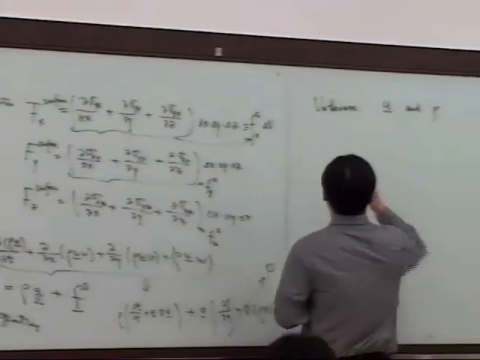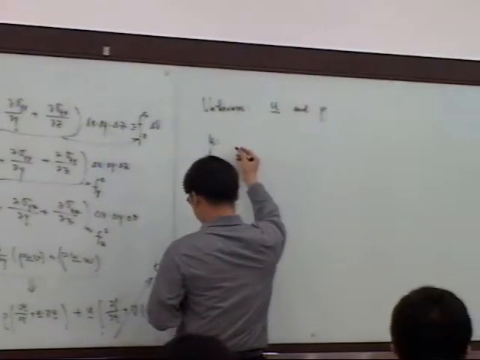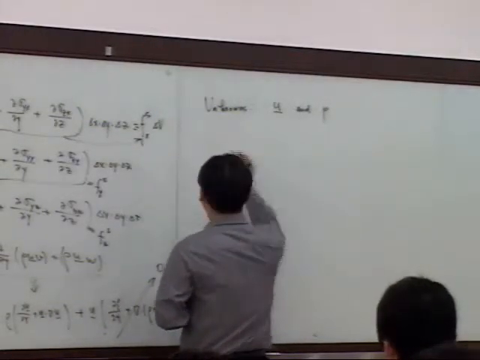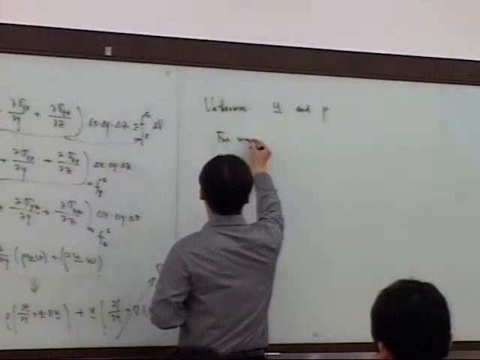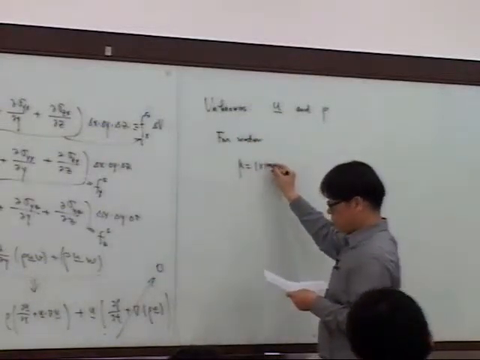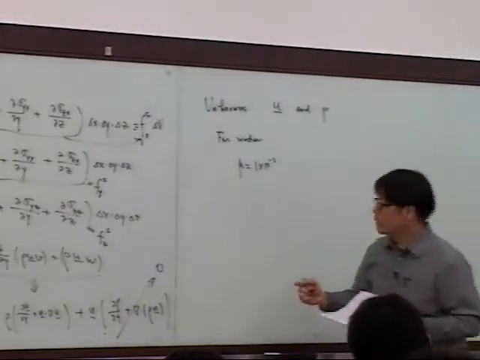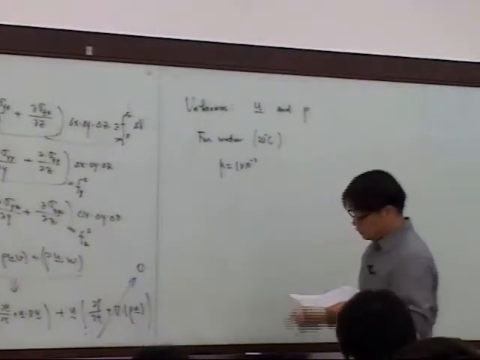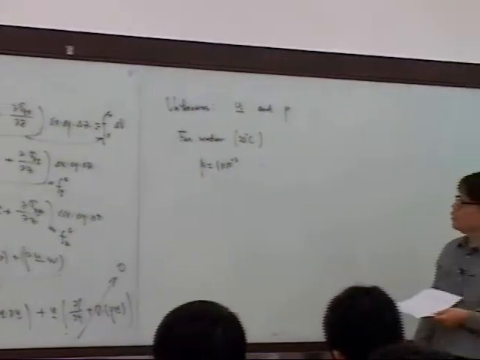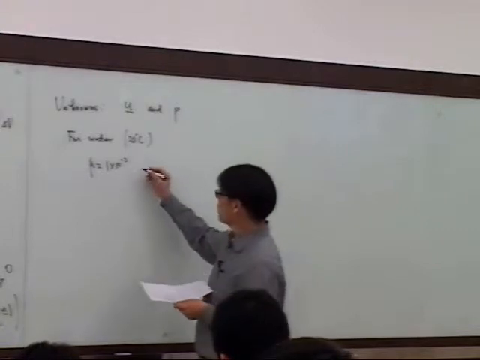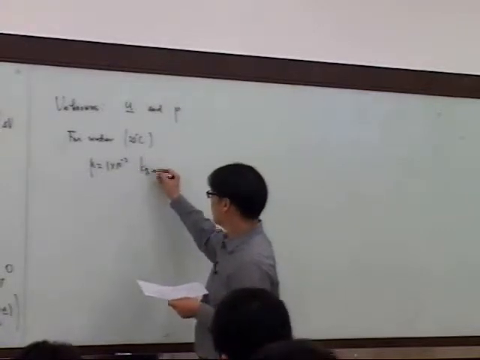And for water, mu is about 1, in units of millipascal-seconds. It depends on the temperature, but this is at 20 degrees Celsius. The dynamic viscosity is given by this.